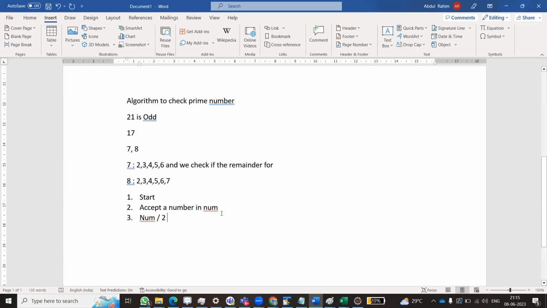See, I need to find out whether this given number is prime or not. So how do I do it? Okay, forget about algorithms here. Imagine you have some number, and you are teaching a small kid who is not aware of what a prime number is. How do you teach him to find out whether that is prime or not?